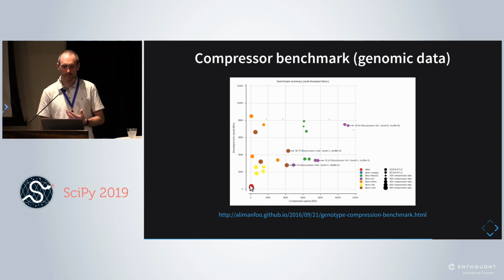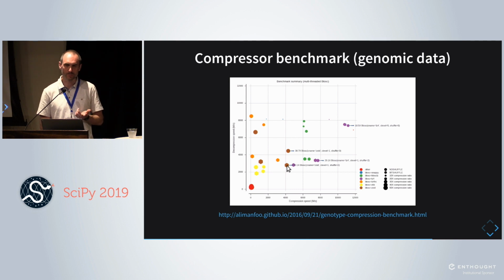These three red blobs down in the bottom left are the three compressors that are available in the Python standard library: zlib, bz2, and LZMA. The others are different combinations of a meta compressor called Blosc with different internal compressors and shuffle filters. One option that I like very much is this option here. This is Blosc with Zstandard and the bit shuffle filter.